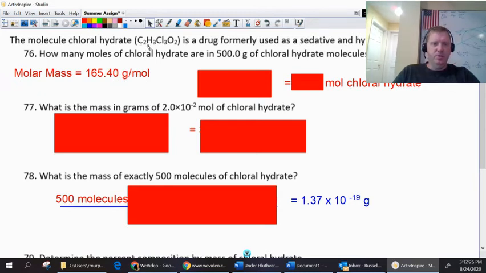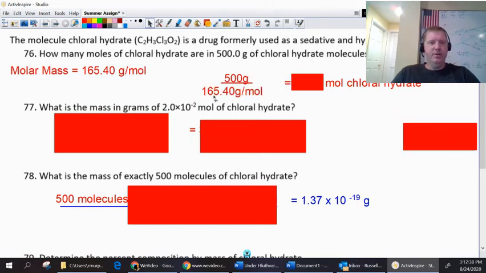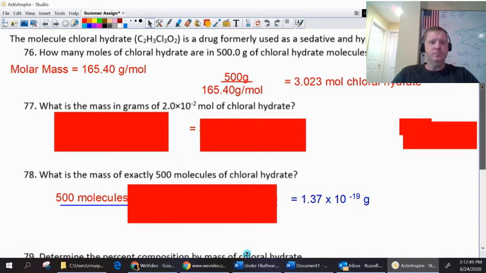So I went and grabbed 2 carbons, 3 hydrogens, 3 chlorines, and 2 oxygens, and added them together, and I got a molar mass. I kind of just set that molar mass over here because I might need it a couple times. And so if we have 500 grams divided by the molar mass, grams divided by grams cancel, moles don't cancel, and I have the moles of chloral hydrate in 500 grams. It's only about 3 moles.